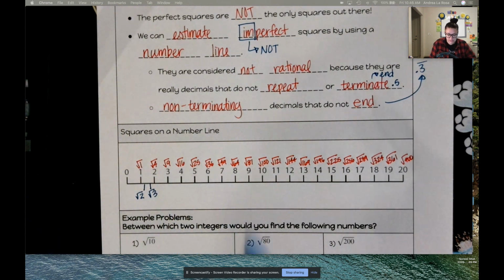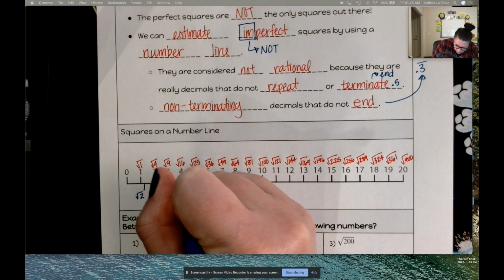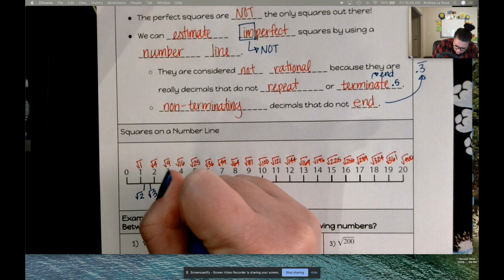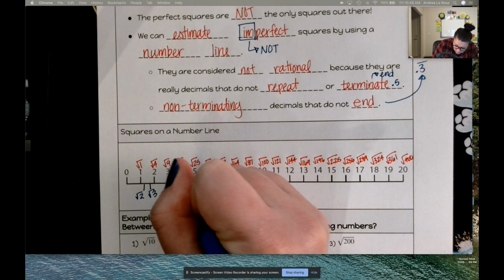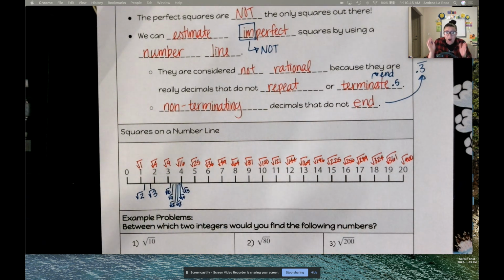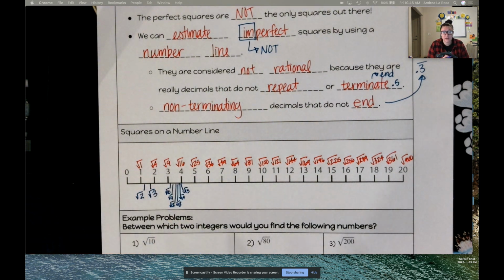Between 9 and 16, I'm also going to have the square root of 10, 11, 12, 13, 14, 15. All of those square roots are going to be in between 3 and 4.